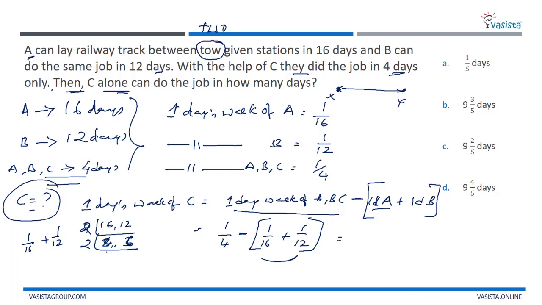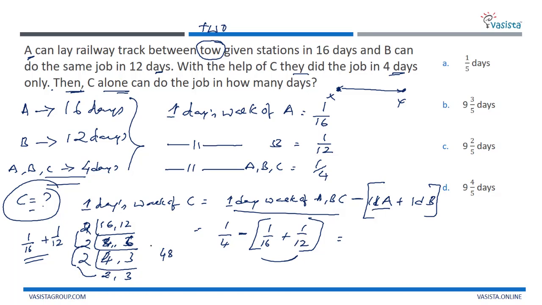Again I will go with 2: 2 4s are 8, 2 3s are 6. Again I will go with 2: 2 2s are 4, 3. What is the answer we got? Now LCM: 3 2s are 6, 6 2s are 12, 12 2s are 24, 48. 48 is the LCM of 16 and 12, correct?